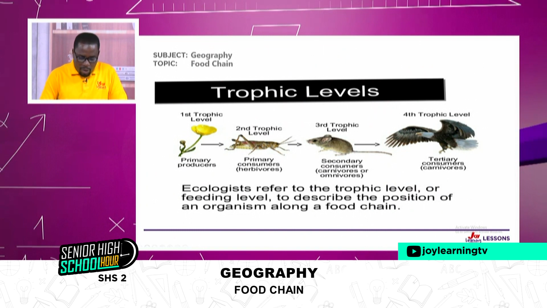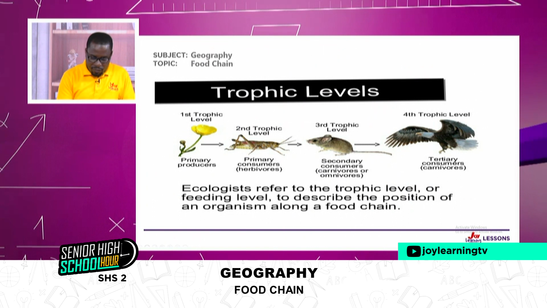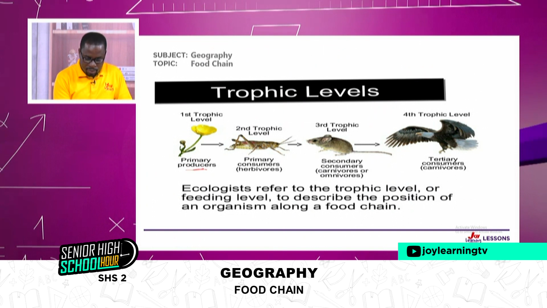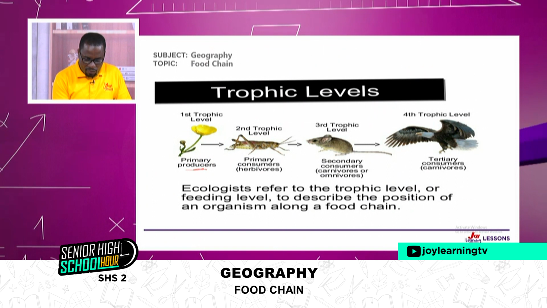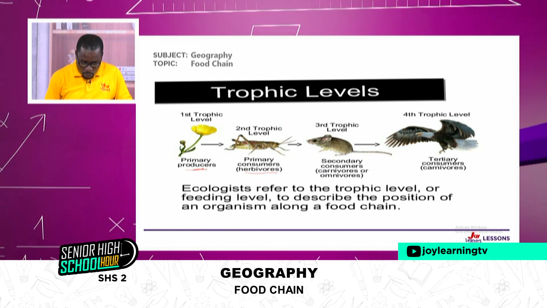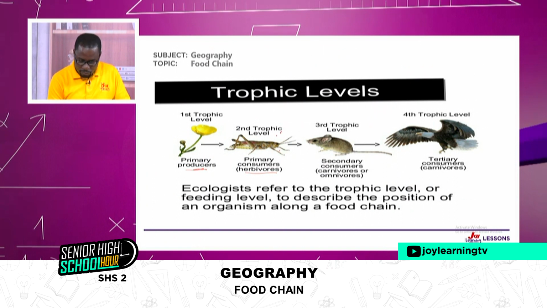Okay. We have another example of trophic level here. In the first trophic level, we have the plants, primary producers, as usual. Second trophic level, we have the primary consumers, which are also herbivores. Is that okay? Herbivore. Good. So that is the grasshopper, on the second trophic level.